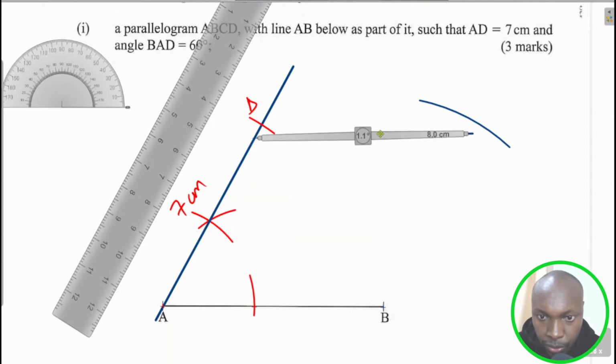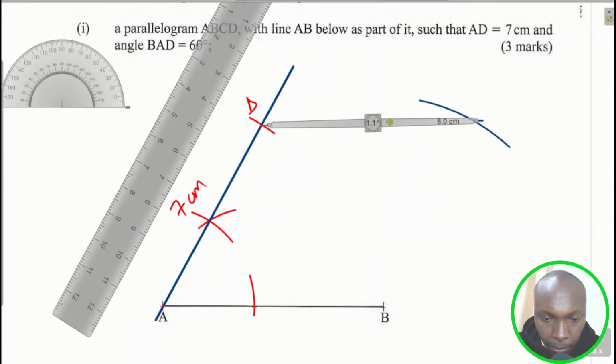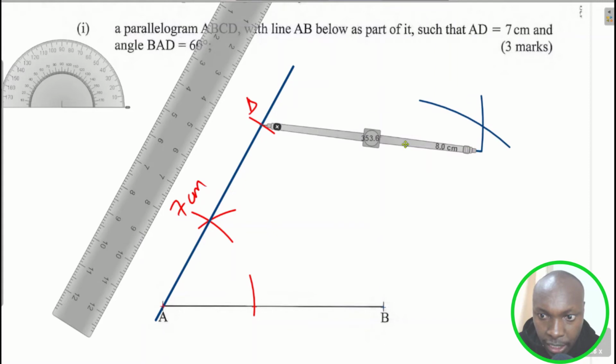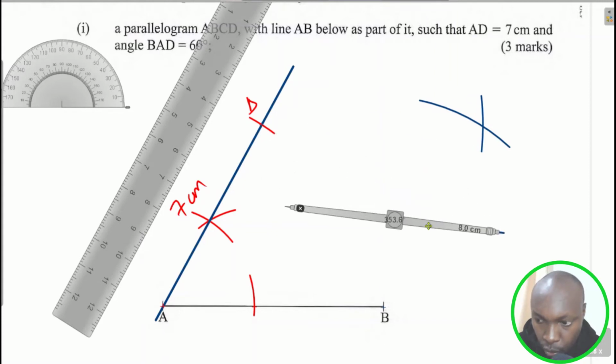That should be transferred to the other side because the opposite sides of a parallelogram should be equal. So standing at D, cut that arc that you've made there. The point of intersection of those two arcs is where we shall have point C.